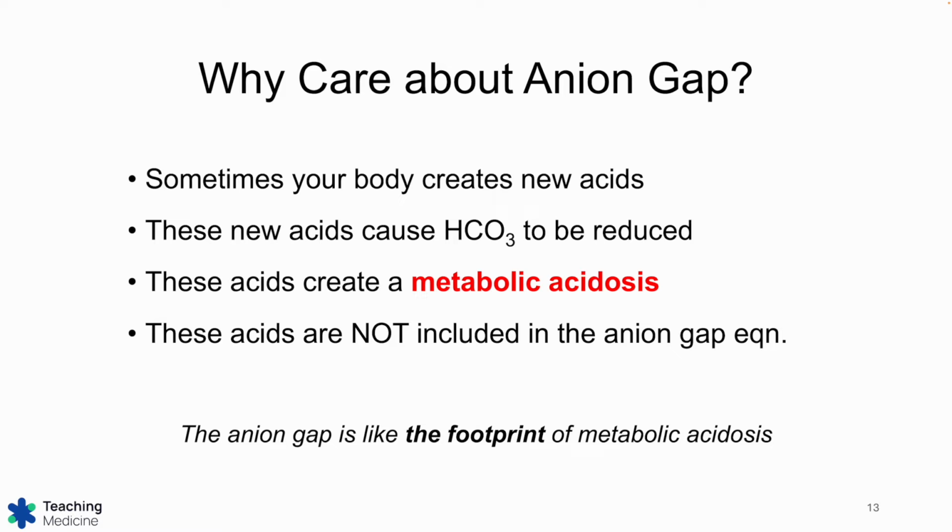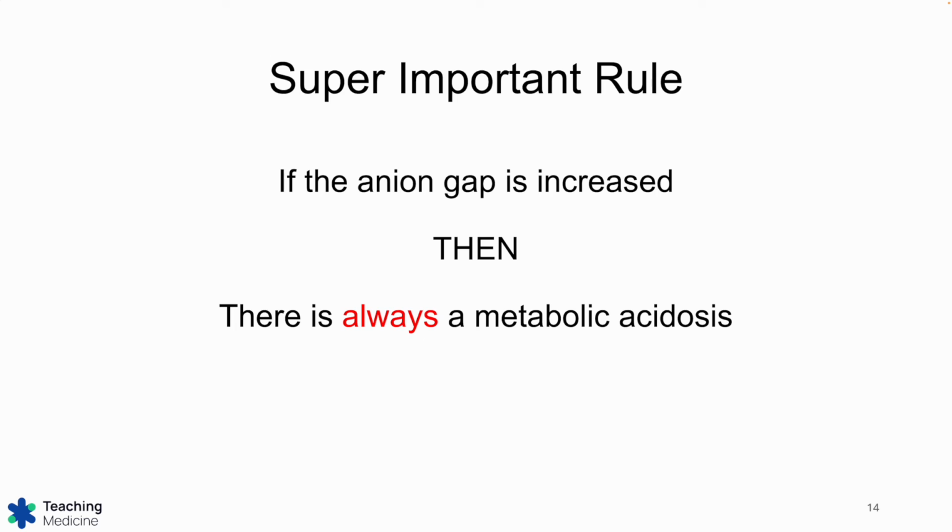Why do we care about the anion gap? Well, sometimes your body creates new acids. These new acids cause the bicarb to be reduced. This creates a metabolic acidosis, and these new acids are not included in the anion gap equation. So it's like there's a footprint. The anion gap is like a footprint of a metabolic acidosis.